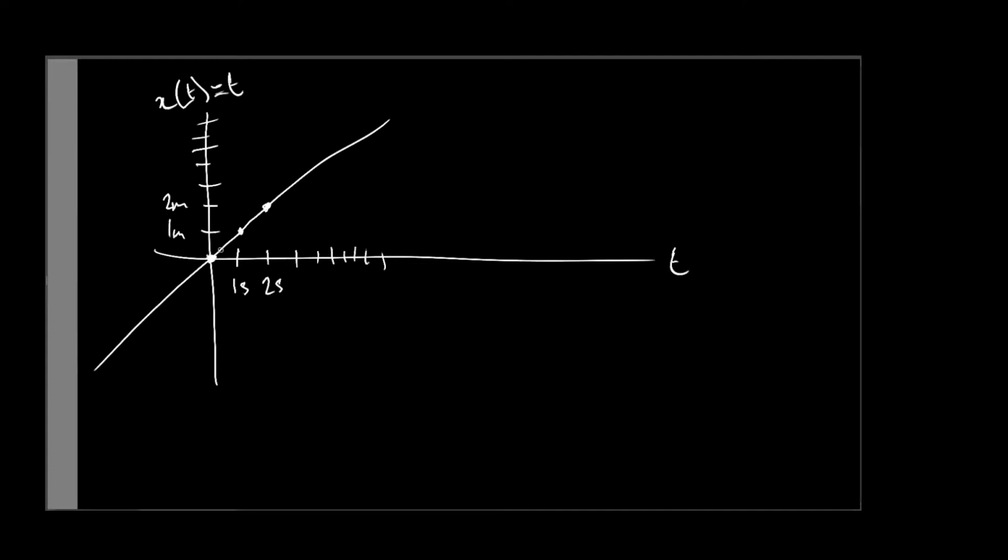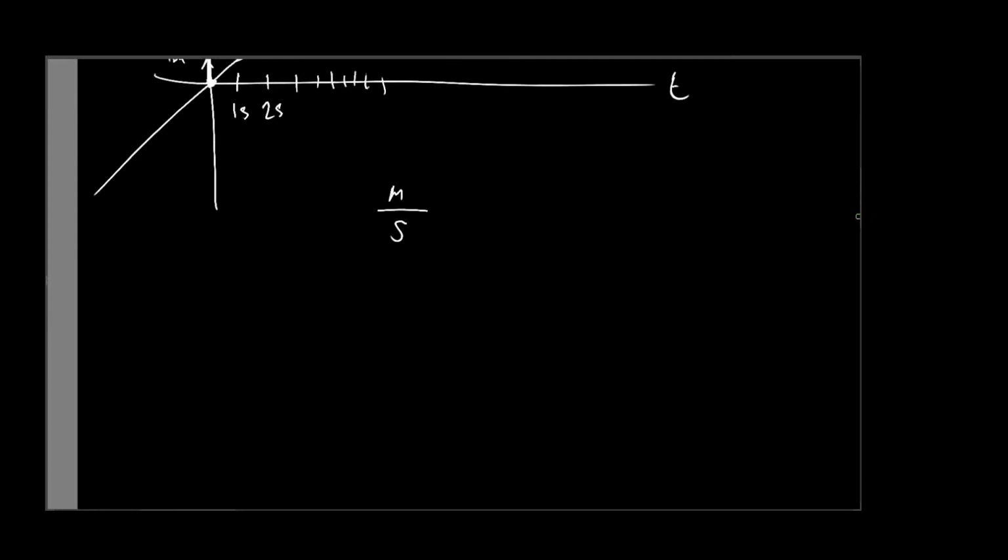Now, what would the slope mean, like in a physical sense, in this graph? Well, slope is just rise over run. Okay, so you go up, which is your rise, and you go over to the side, which is your run. So if you think about units, your rise is done in meters, and then it's over your run, which is done in seconds.